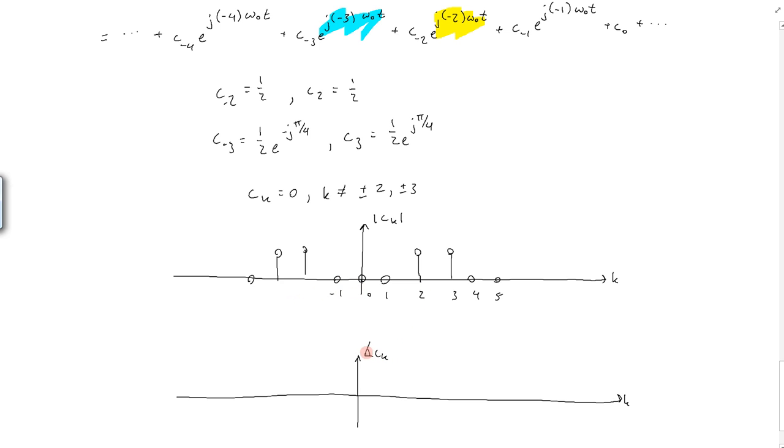And the phase is going to be 0 for 0, 1, negative 1. For 2, it's also going to be 0 because there is no complex component for these values of C2 and C negative 2. So that's also 0. For C3, we have pi fourths for C3 and negative pi fourths for C negative 3. And once again, zeros everywhere else.